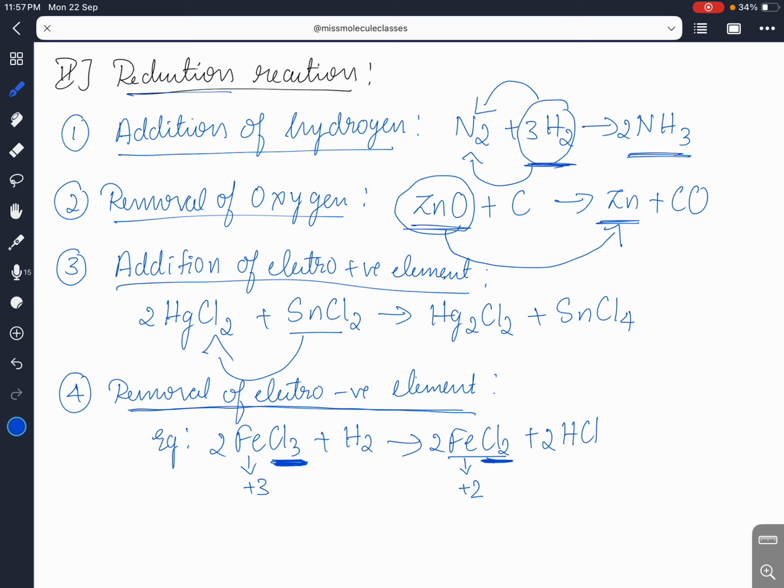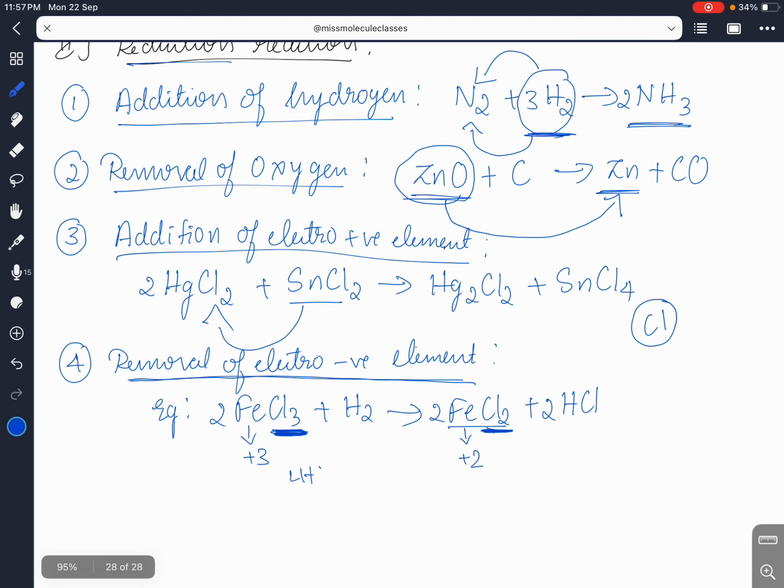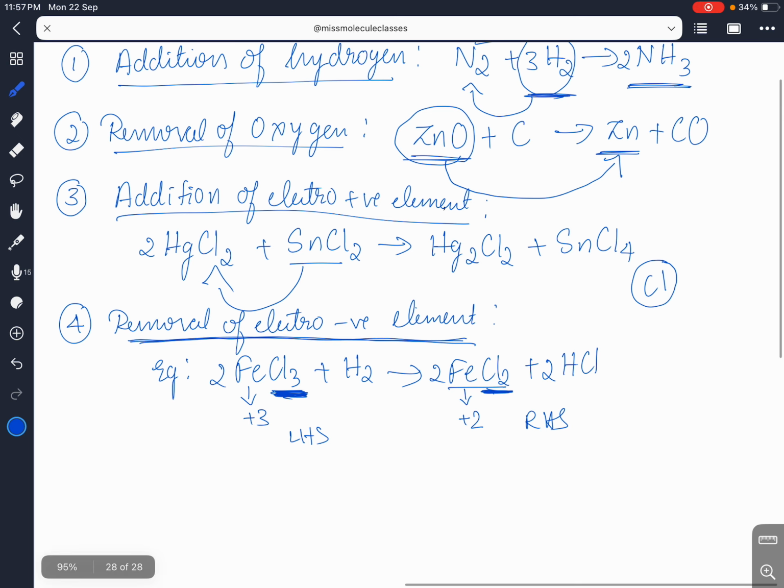As I have explained previously, Cl is an electronegative element. So one of the chlorines is being removed from the left hand side. So removal of this electronegative element is termed reduction reaction.